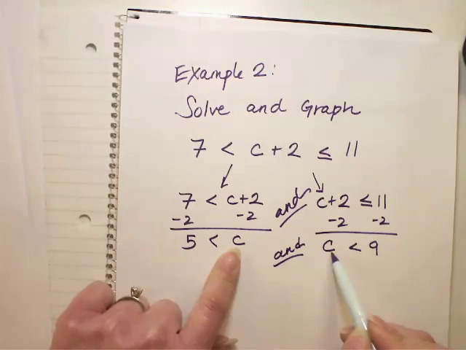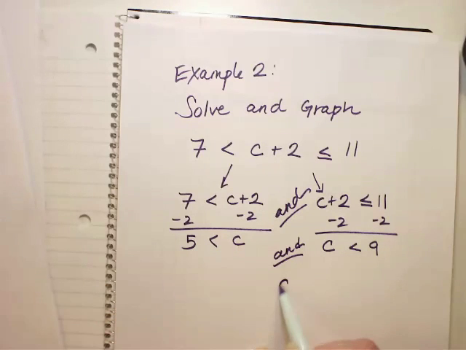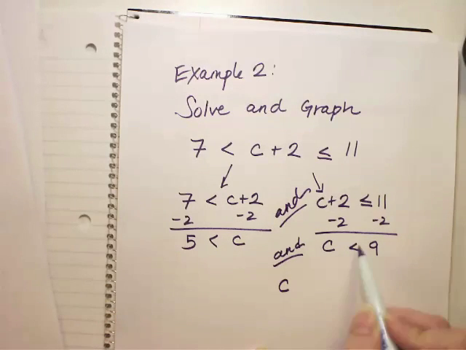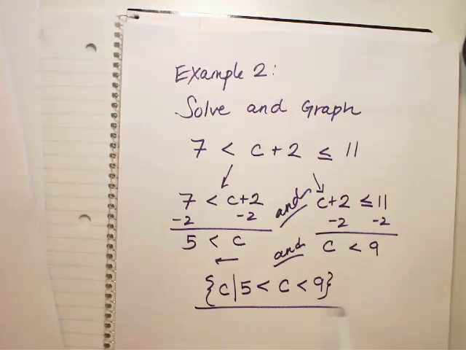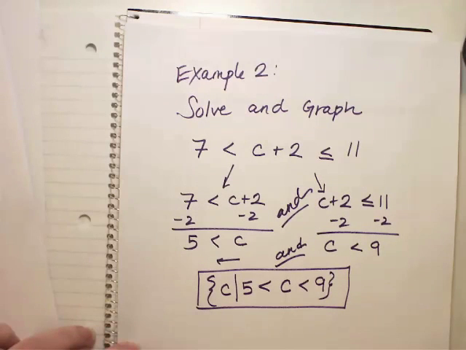You take your two c's, if you overlap them, put them together, you'll notice on this side you have c is less than 9. Over here, you read it the other way though, because your variable's on the right-hand side. C is greater than 5. You're reading it backwards. C is greater than 5. And this is the set c. Okay? So here's our number line, and we're going to go ahead and graph it.